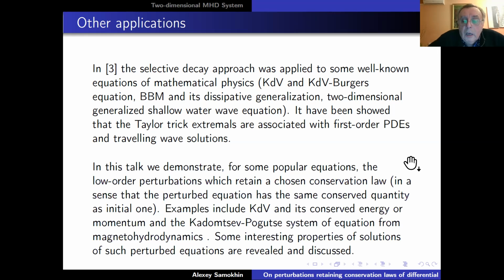In this talk, I will demonstrate what will become of the algebraic structure of ideal state equations if they are added with some terms which retain a specific conservation law.